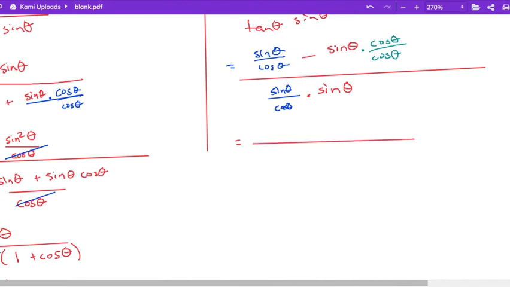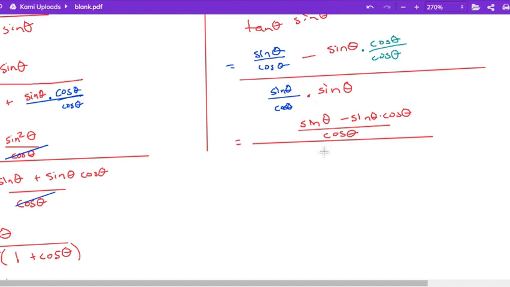So in the numerator, first of all, I've got a common denominator of cos theta. And in the numerator, I've got sine minus sine theta cos theta. Folks, take a guess. What do you think we're going to do with the numerator? Yeah, we're probably going to common factor that sine, right?